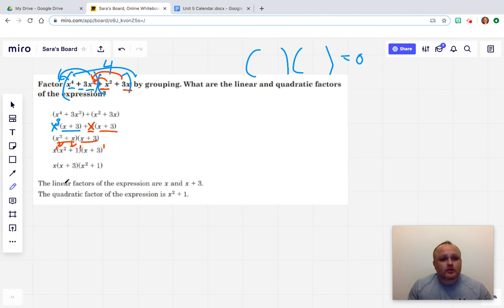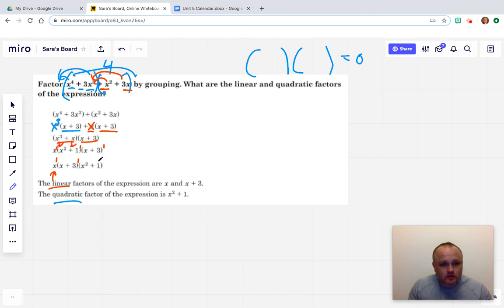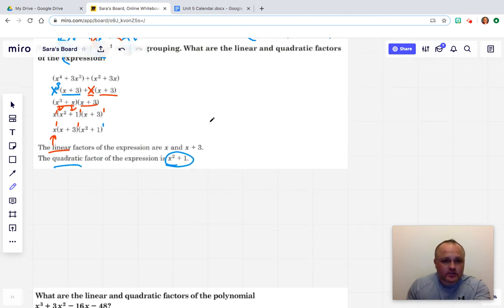So from here, the linear factors are x, because it's x to the 1, and x plus 3, because it's to the power of 1. That's linear. Quadratic is like x squared. There's an x squared. Even though this is plus 1, it will become quadratic nonetheless. And that's your quadratic factor. And yes, you would set them equal to 0 if it asks you to do that and solve for each one independently.